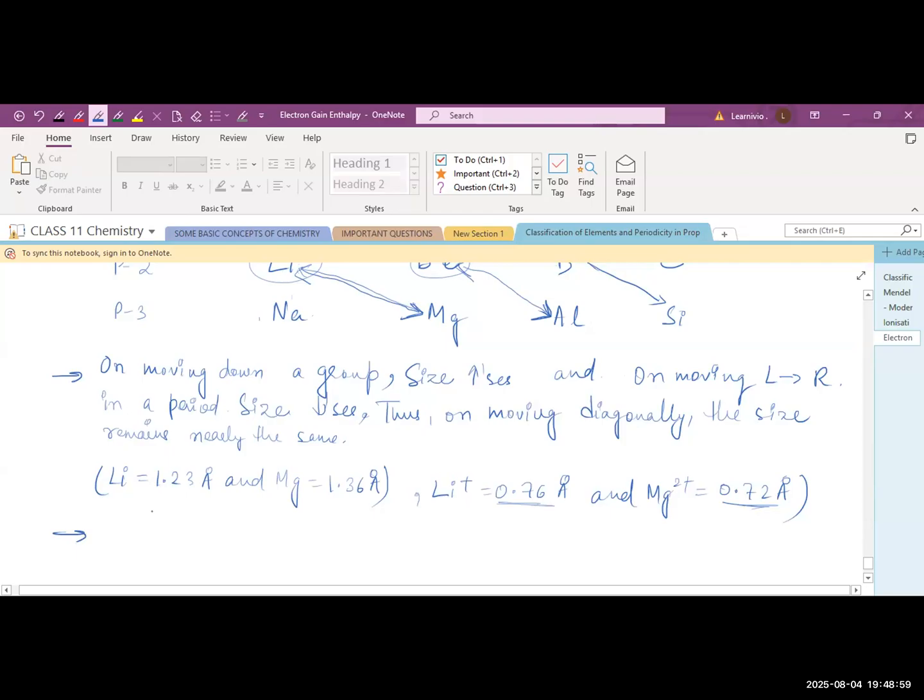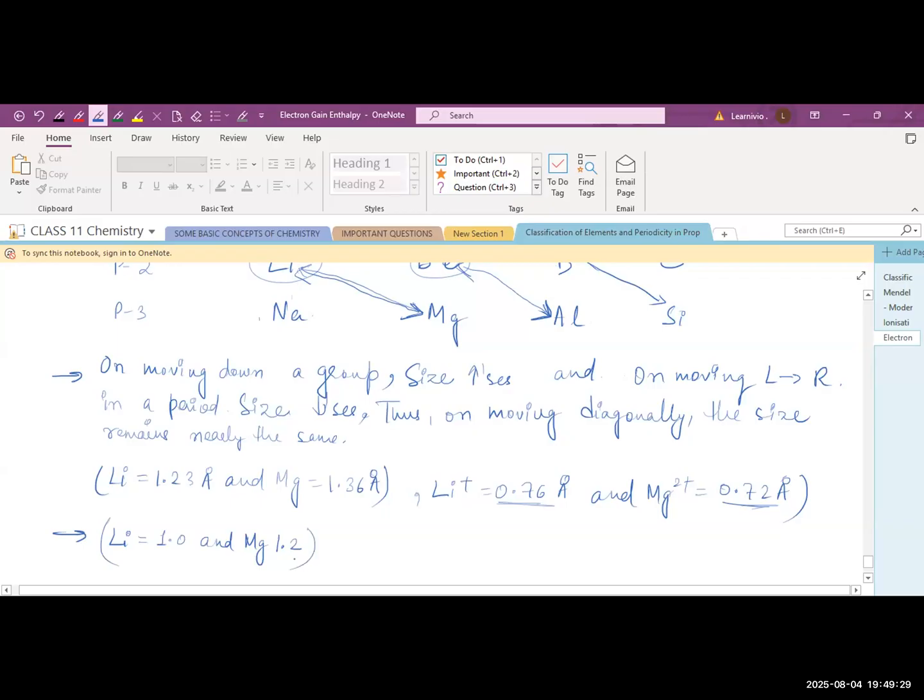It is sometimes suggested that diagonal relationship arises because of the similarity in electronegativity. So due to the similarity of electronegativity, diagonal relationship also arises. Suppose the electronegativity of lithium is 1.0, and for magnesium it is 1.2.